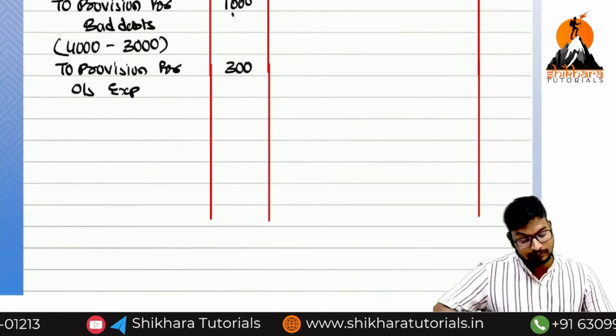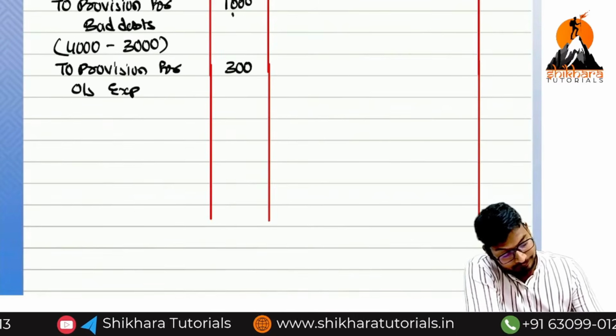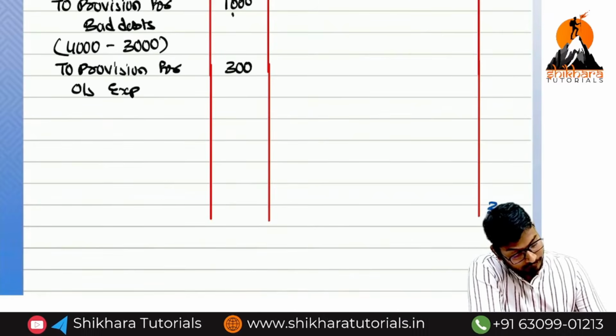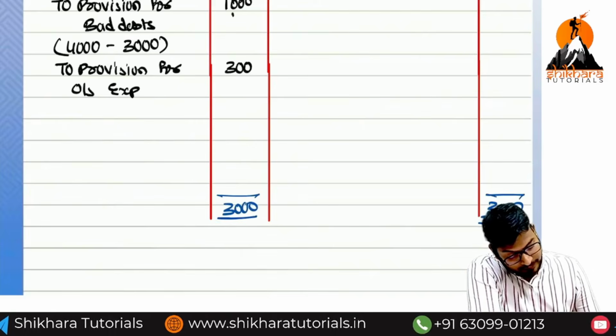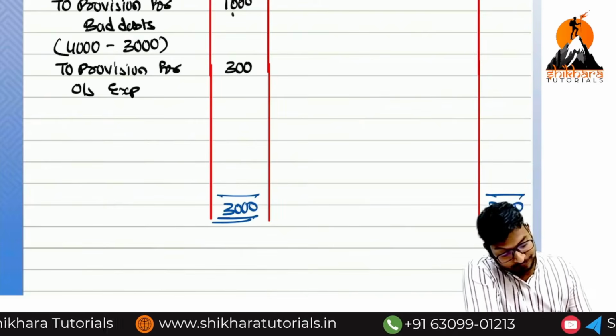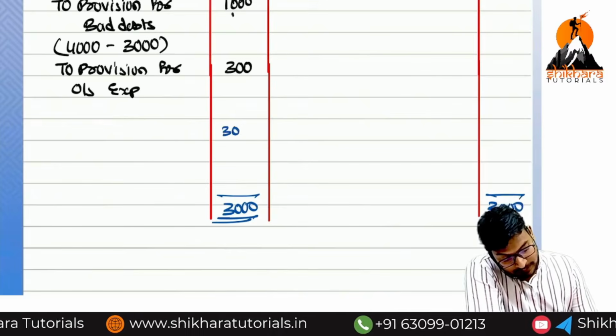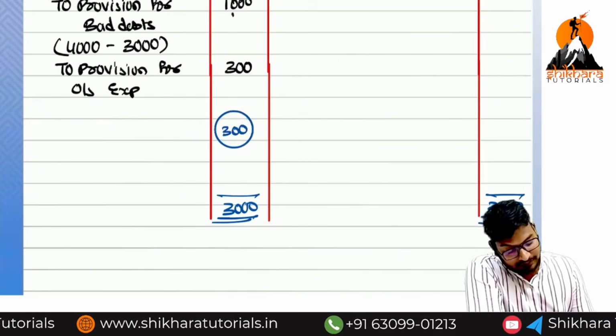Three thousand total. 300. This 300 we need to distribute among 3 members.